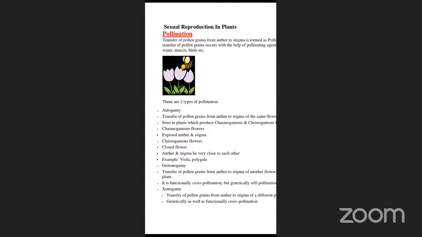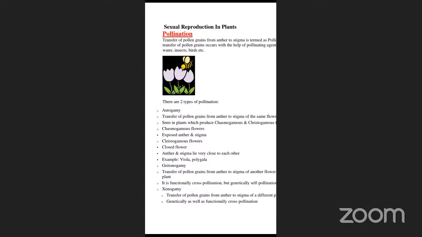Self pollination means transfer of pollen grains from the anther to the stigma of the same flower. It is called self pollination or autogamy.